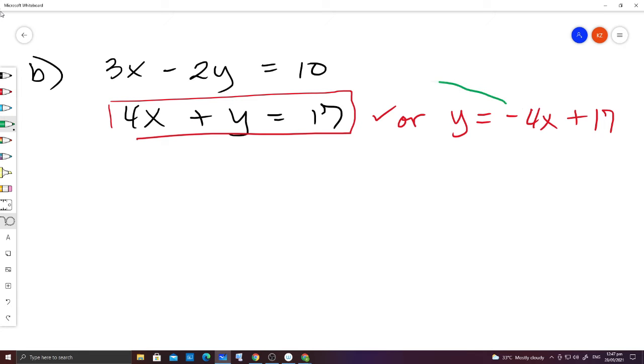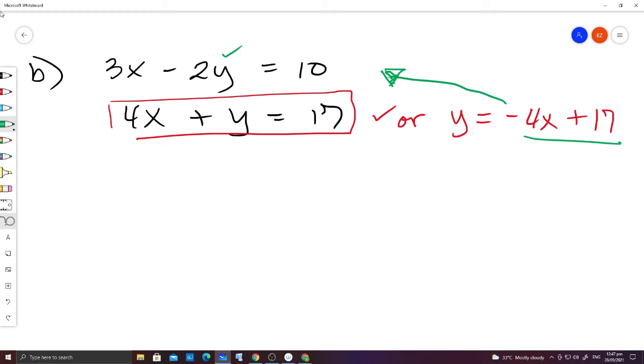If I want to substitute this in the first equation, what will be the second step? Substitute y in here. You mean put negative 4x in y?